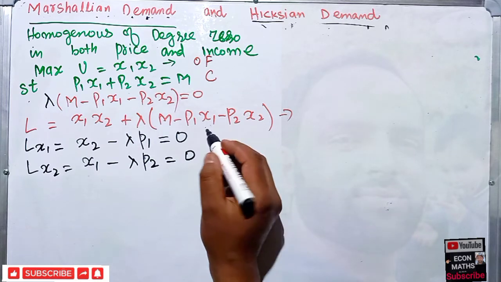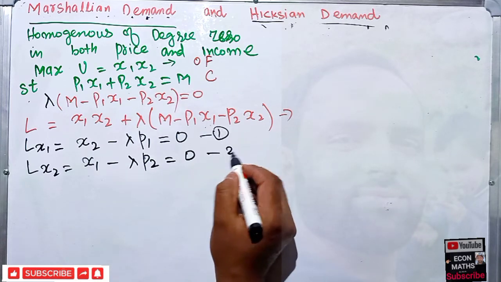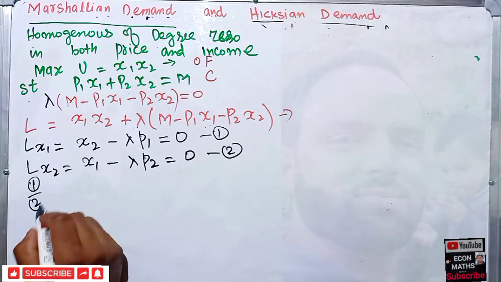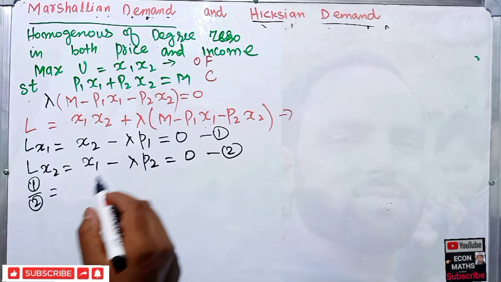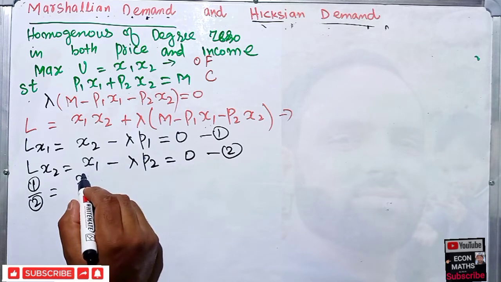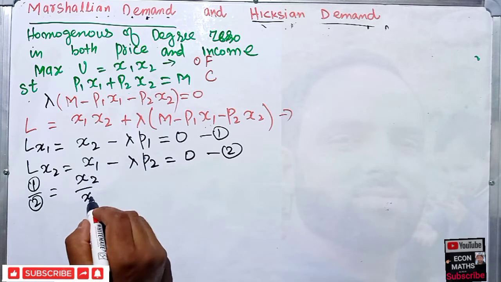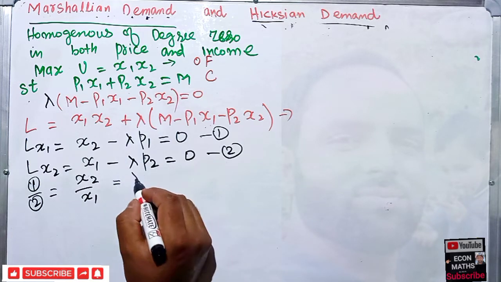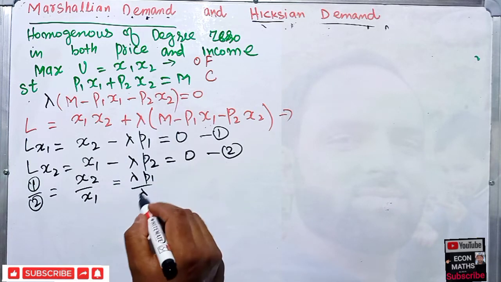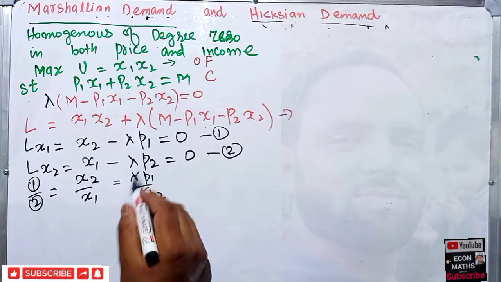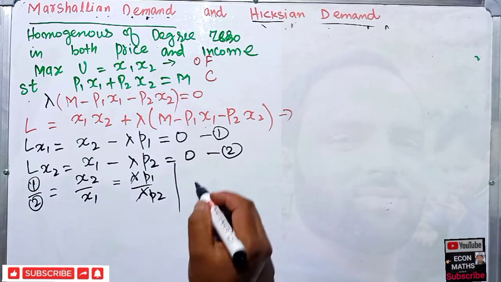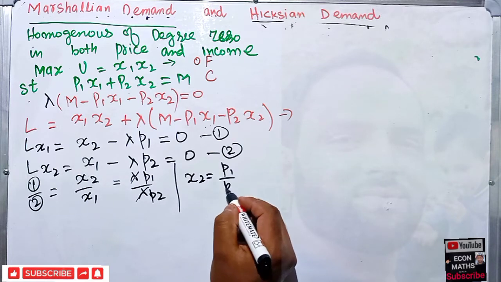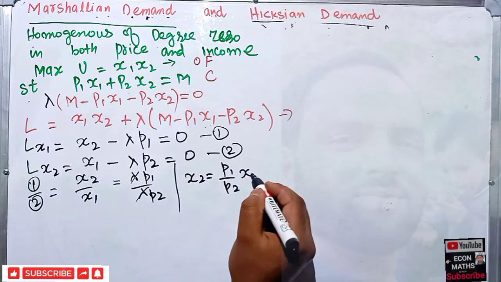Let us say these are equations first and second. We divide equation first by second. We get x2 divided by x1 on the left, and transposing, lambda p1 divided by lambda p2 on the right. The lambda gets cancelled. We are left with x2 is equal to p1 divided by p2 times x1.